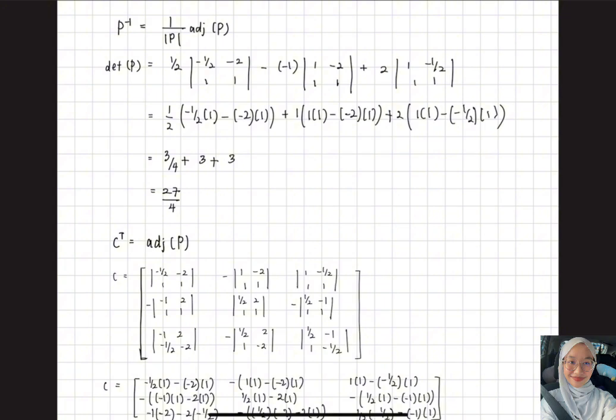So first, we find the determinant of P by cofactor expansion on the first row. So we get 27/4.